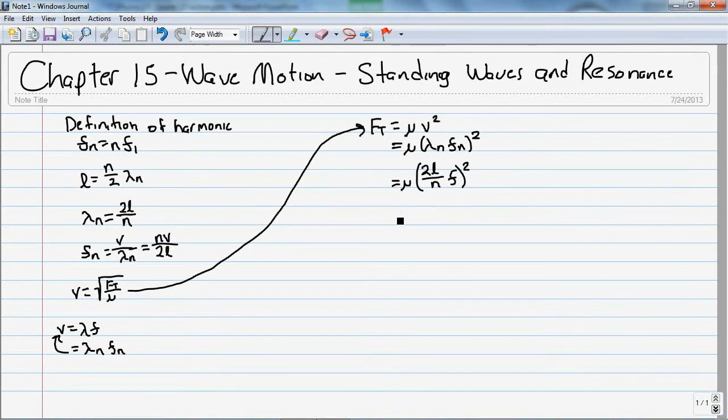Now we can simplify. And let's rearrange this.